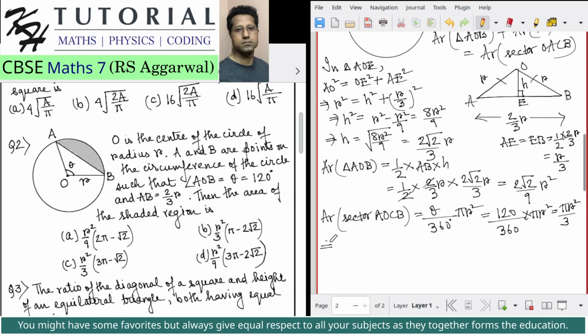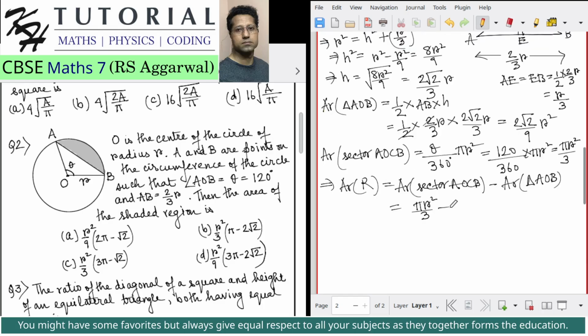So now we can say that the area of the shaded region R will be equal to the area of the sector AOCB minus the area of the triangle AOB, which will be equal to pi R square by 3 minus the area of the triangle AOB, which was 2 square root of 2 by 9 R square.